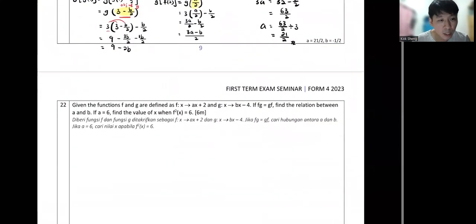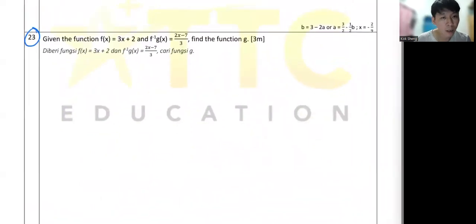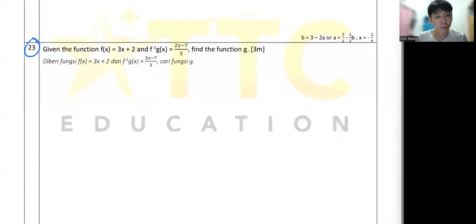23. 3 marks. Okay. Let's look at here. Given the function f(x) and also the composite f negative 1 g. Find the function g. Oh, this time need to find a function. Okay, need to find g(x).